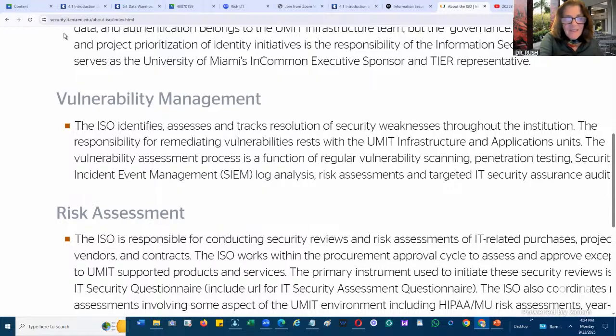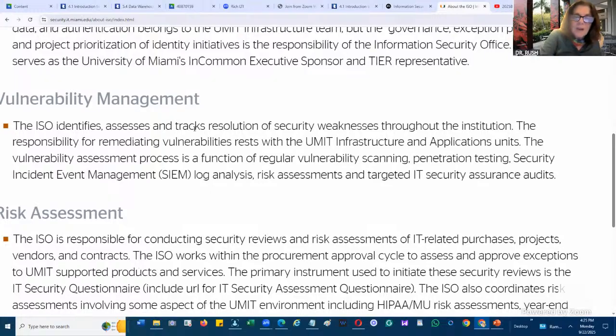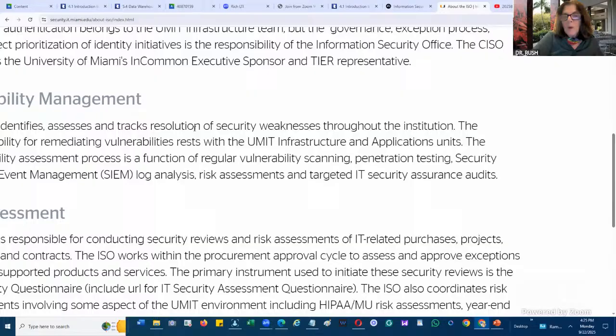What is it? It basically identifies, assesses, and tracks the resolution of security weaknesses throughout the institution. Because what do we say? We could be vulnerable. Do I know where they're vulnerable? No. I know where it may be, but I don't know the entire university. Do you, Gianna?